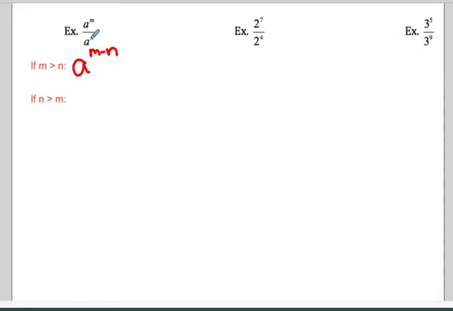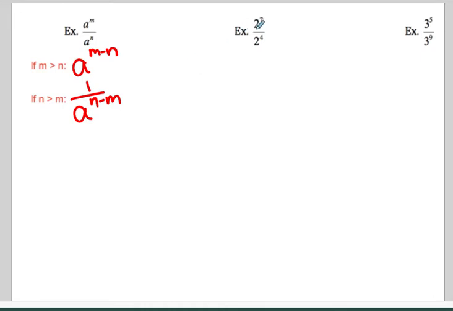But if n is bigger, your answer would go in the denominator, so it would be a to the n minus m. We are going to avoid negative exponents, and so you would always take the larger number minus the smaller and put the answer where the bigger exponent was.